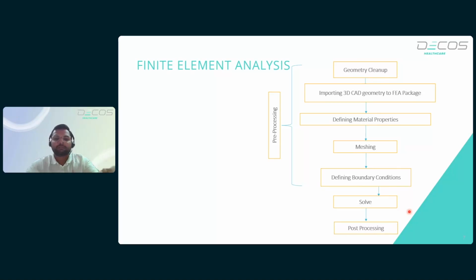Like if it is thermal analysis, then the temperature will be plotted over the entire geometry or whatever geometry you want to analyze. Okay, so this process is called post processing, and this involves analyzing the results from the FEA solver to take decisions. In post processing itself, you also analyze the results.